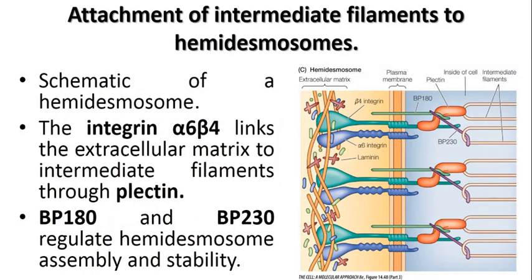Now we have the schematic representation of the hemidesmosome. In the hemidesmosome you have integrin alpha 6 and integrin beta 4, and they will link the extracellular matrix to the intermediate filaments through plectin.